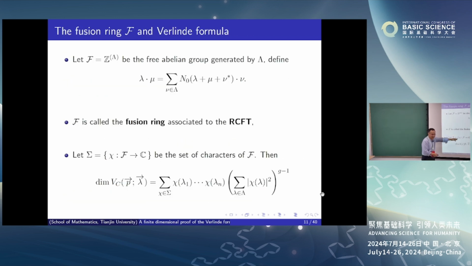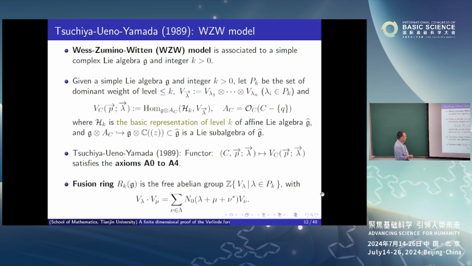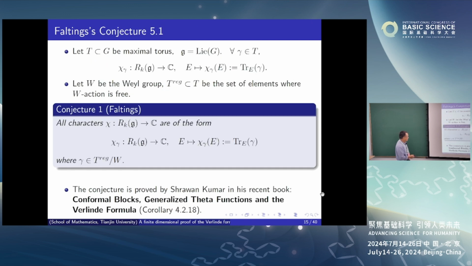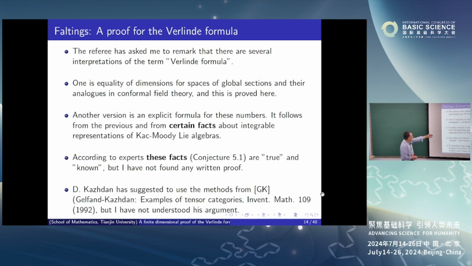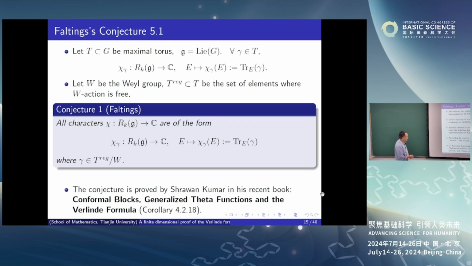If you know this fact, then you know this number. At least at this time, Faltings put this as a conjecture. Of course, this conjecture was proved recently in this book.